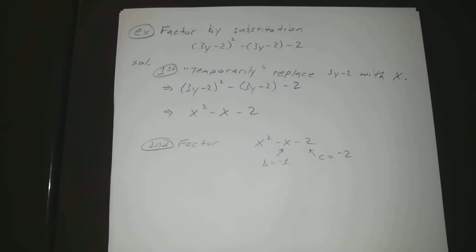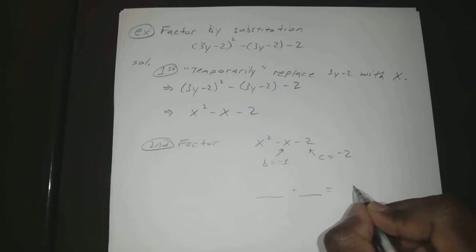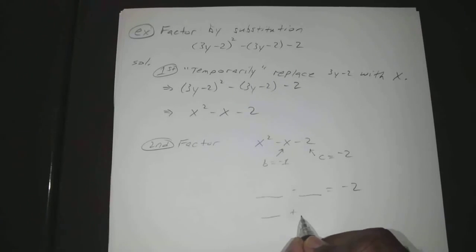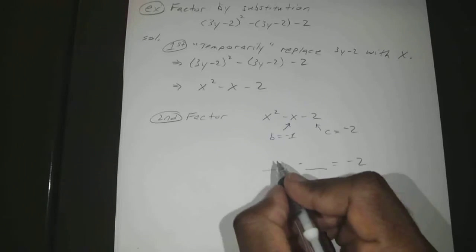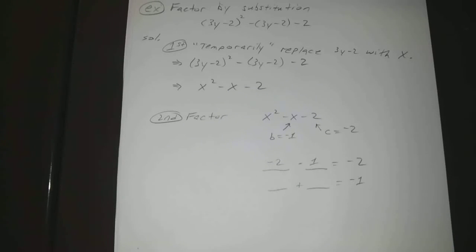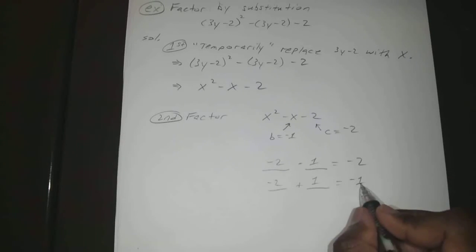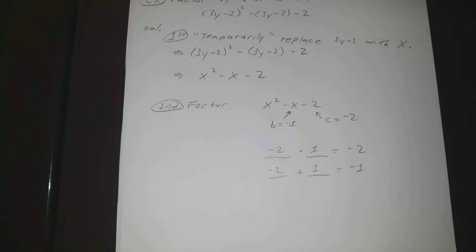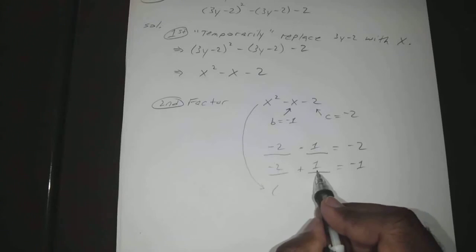So we have to find two numbers that multiply to equal our c, and those same two numbers add to equal our b. Okay. So negative 2 and 1 works for both of those. Negative 2 times positive 1 is negative 2, and negative 2 plus 1 is negative 1. So we know that this factors to become x minus 2, x plus 1.